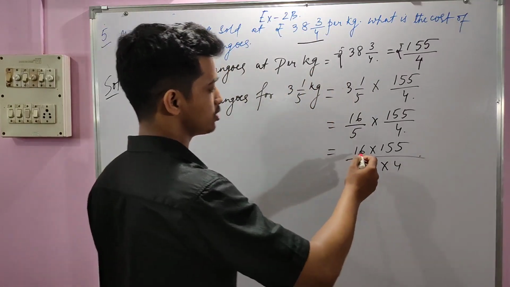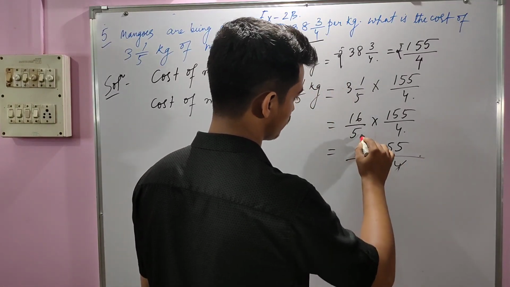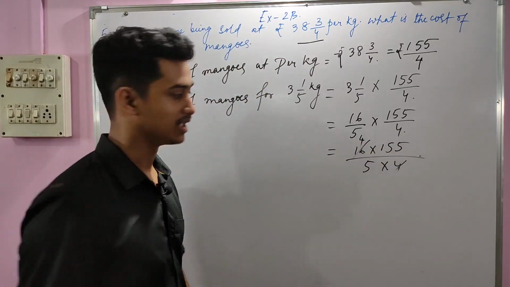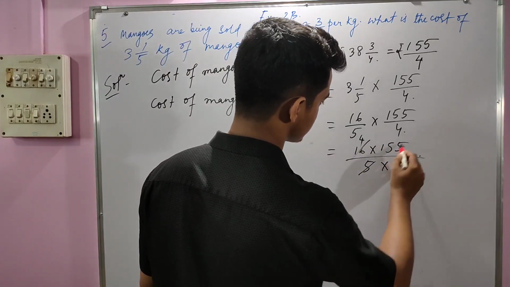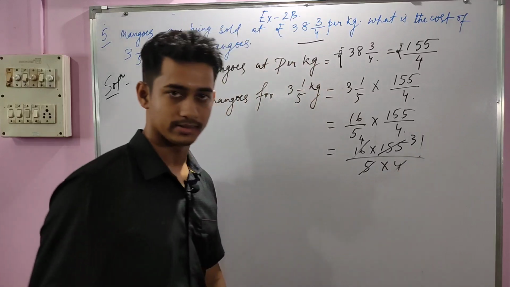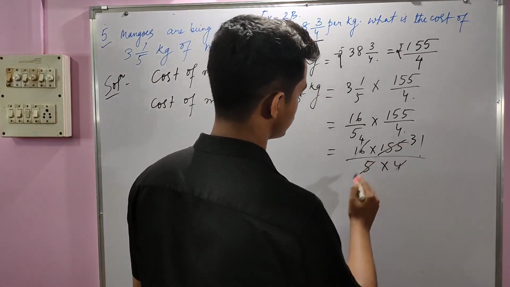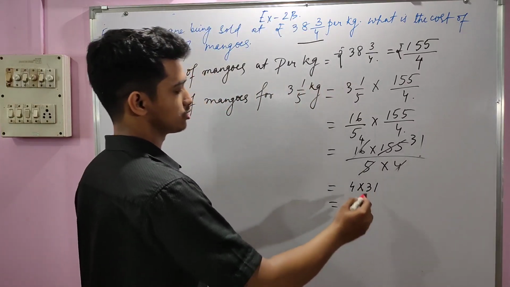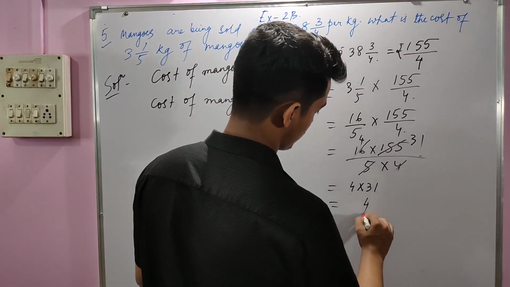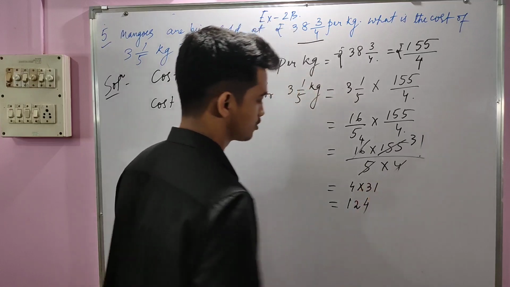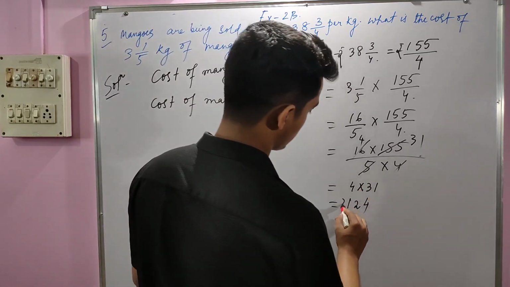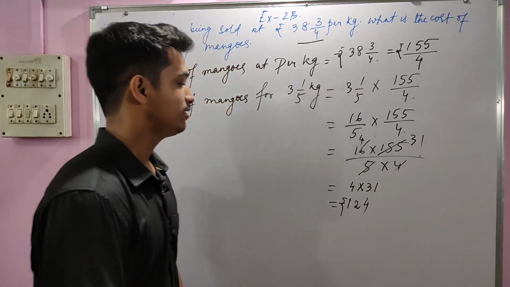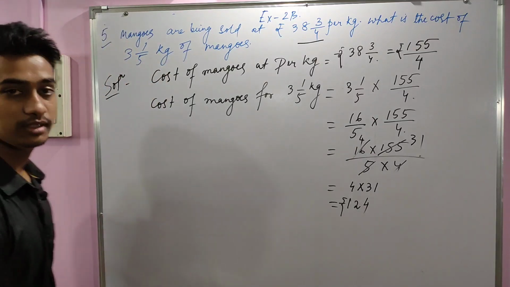Now see, 4 into 4 is 16, so 16 and 4 will cancel each other and 4 will remain. And 5 into 31 is 155. So 31 into 4 is our required answer. 4 into 1 is 4 and 4 into 3 is 12. So 124 rupees is the final answer for question number 5.